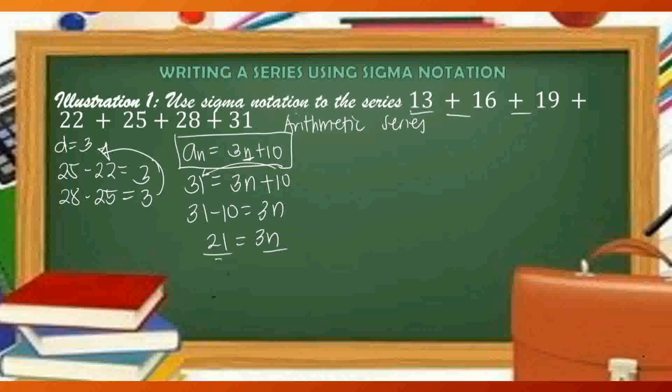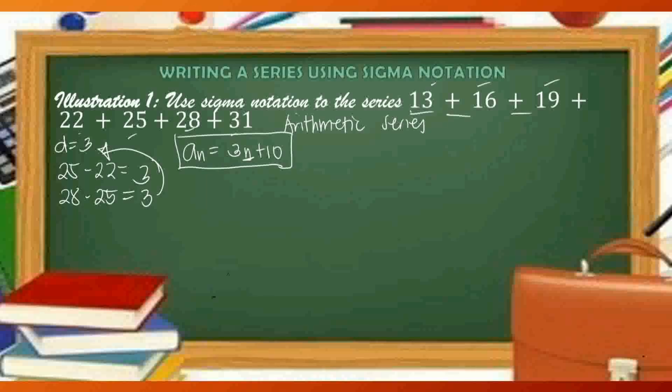Let's divide both sides by 3. So 21 over 3 is 7. So our n here is 7. So we will add 3 by 7 times to 10 to gain 31. And 31 is the 7th term. So 1, 2, 3, 4, 5, 6, 7.